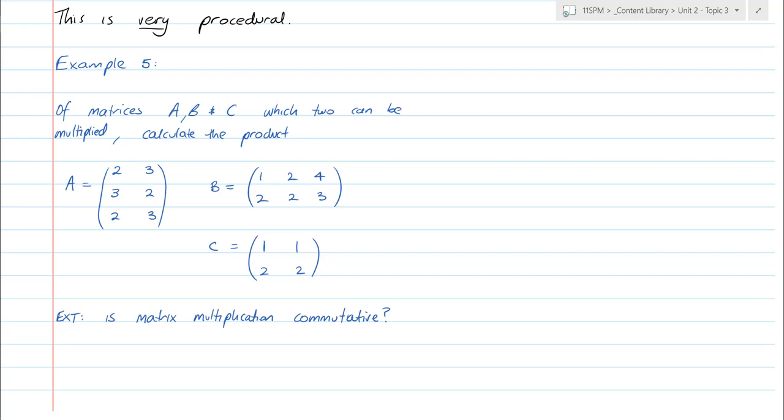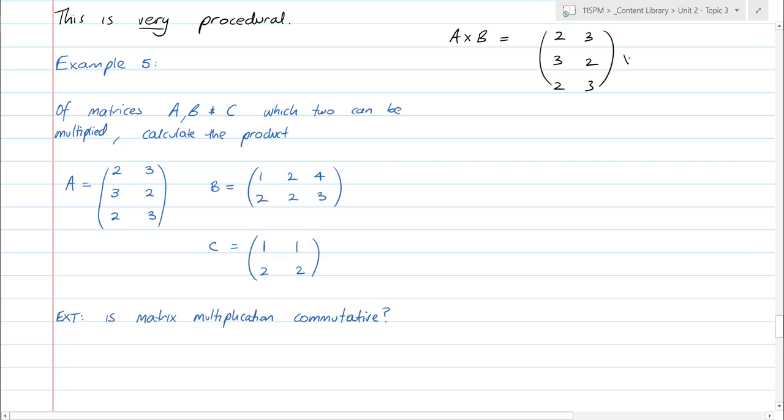There are a few options here, so we're going to do a fair bit of multiplication. I'll start with A times B over here, and A times B is 2, 3, 3, 2, 2, 3 times 1, 2, 4, 2, 2, 3. Before we start, I've got this little extension question down here.